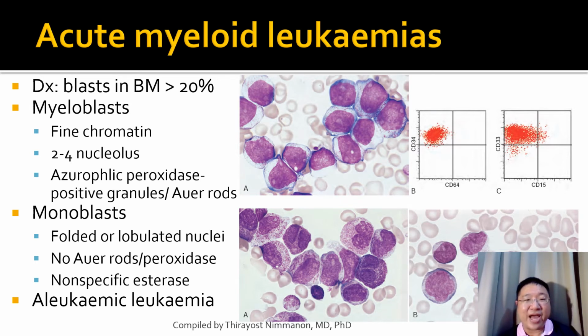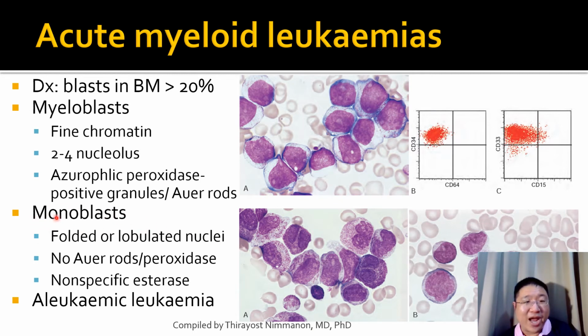Myeloblasts have a fine chromatin with 2 to 4 nucleoli, and the one feature that distinguishes myeloblasts from lymphoblasts is the presence of eosinophilic peroxidase-positive granules, or Auer rods, in the cytoplasm. And if there are plenty of Auer rods, these are promyelocytes.